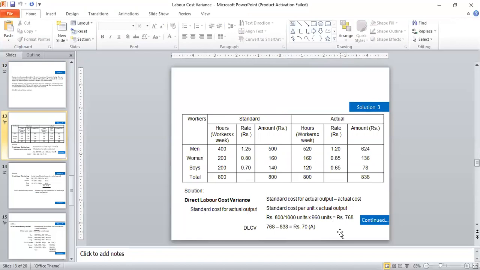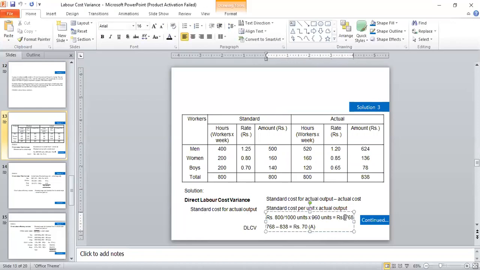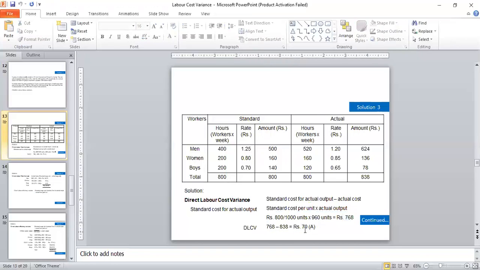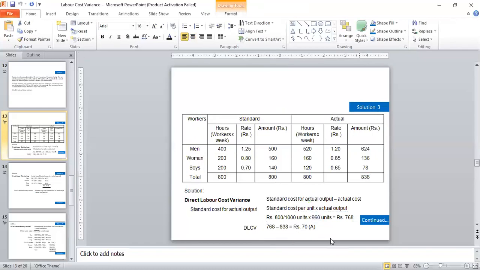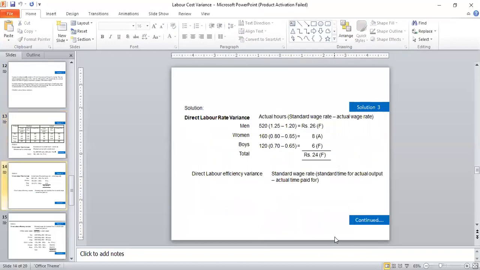Means the standard cost for actual output is rupees 768, and actual expenses we have made to produce the 960 units is rupees 838. Means it is rupees 70 adverse. Total cost variance we may say is rupees 70 adverse.